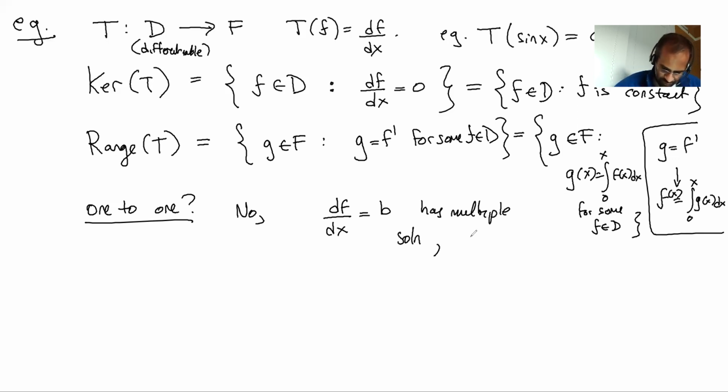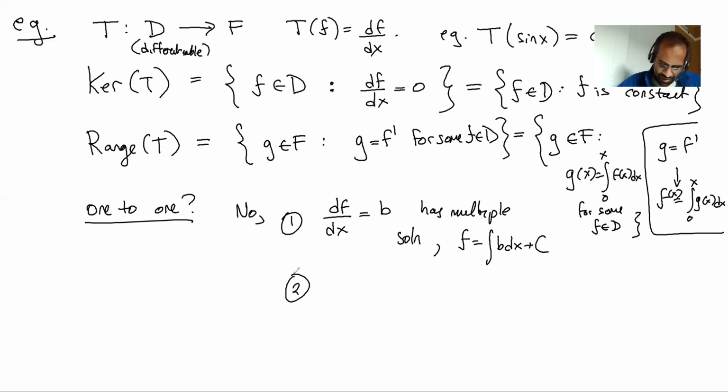Namely, the solutions would be whatever you get by integrating this plus a constant, right? So if you wanted to solve this, then you would integrate both sides. F is equal to the integral of b dx plus c.